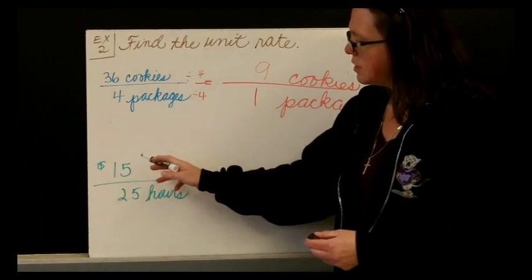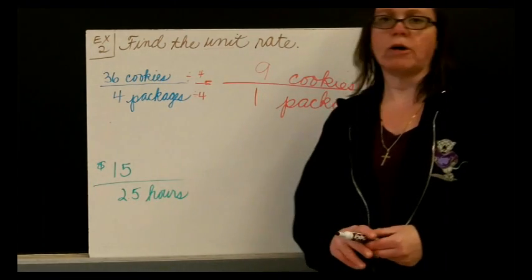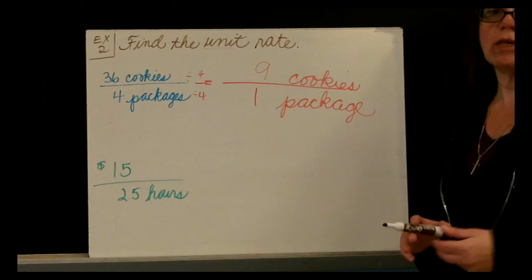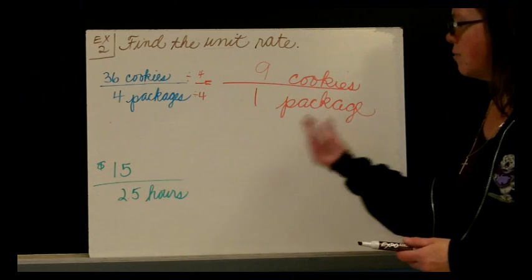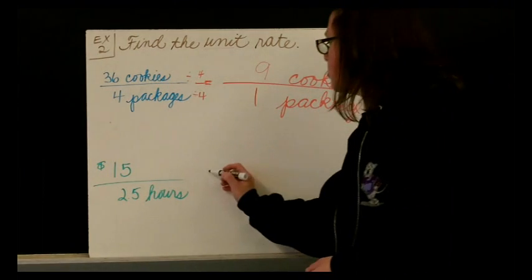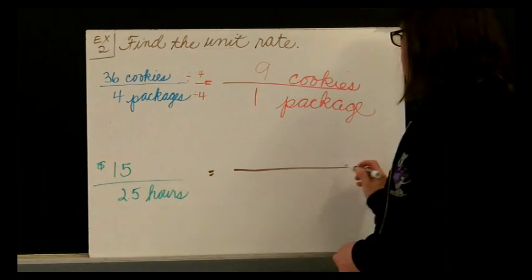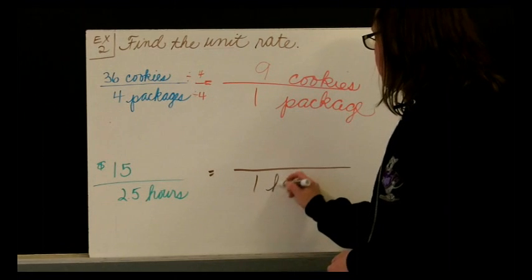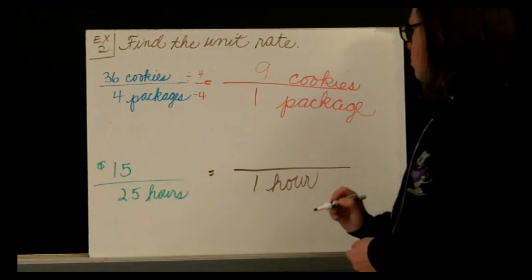Here we see $15 in 2.5 hours. So we can make the assumption that this might be a wage, that you would make $15 in 2.5 hours. So what we want to do is know how much money you would make in only 1 hour.